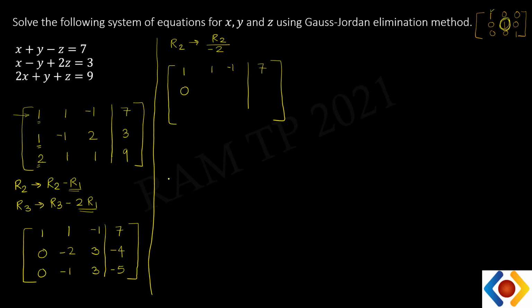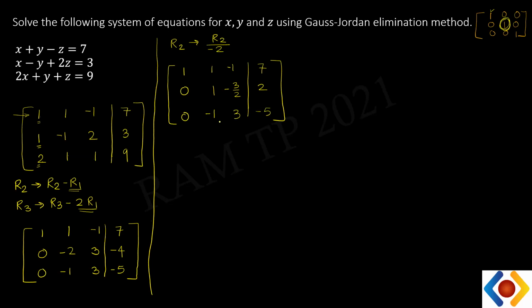Negative 2 divided by negative 2 becomes 1. 3 divided by minus 2 is minus 3 by 2. Minus 4 divided by minus 2 will be positive 2, right? Okay. The last row, we are not doing anything. So that will stay as it is: 0, negative 1, 3, negative 5.